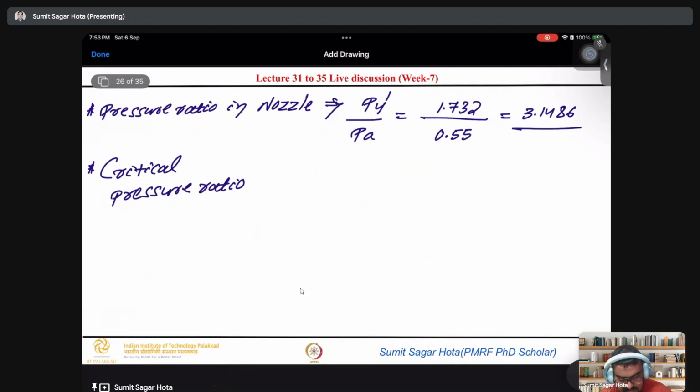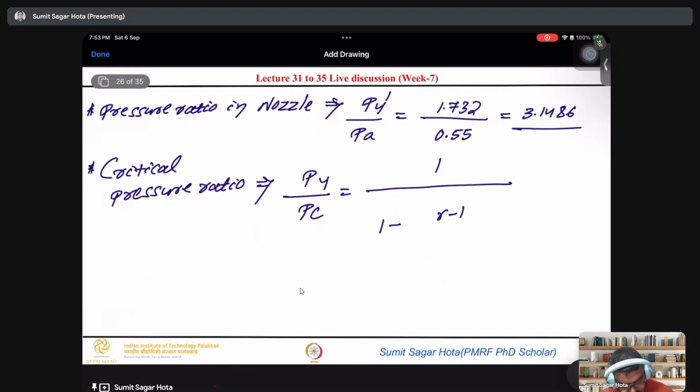The critical pressure ratio is P4 by PC, which is 1 by (1 minus (gamma minus 1) divided by (nozzle efficiency into (gamma plus 1))) to the power gamma by gamma minus 1.